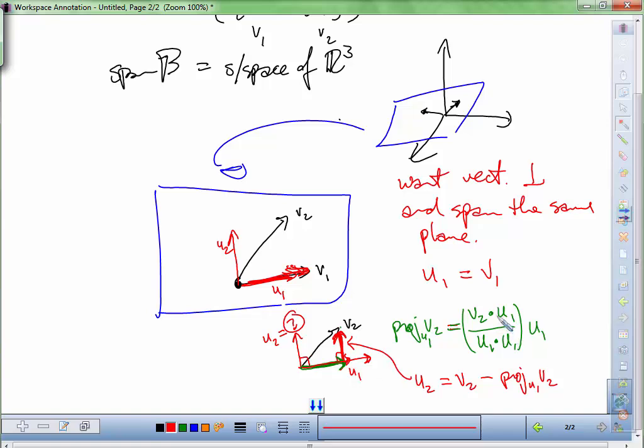So you're essentially scaling U1 so that the shadow of V2 onto U1 is of that length. Okay, so that's it.